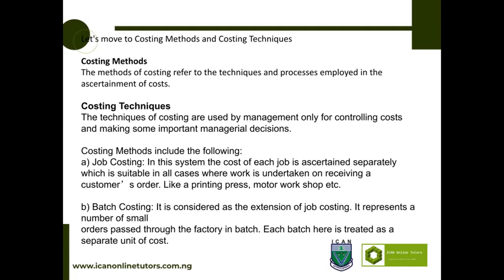If you go to a motor workshop, you request before they work. Banking service, aside from cutting your costs, if you did not request, they will not give it to you. If you don't request an ATM card, they will not produce it. Not auto renewal. ICAN online, if you did not request ATSWA, we will not serve you. We are matching your order. That is why we call job costing according to customers' request.